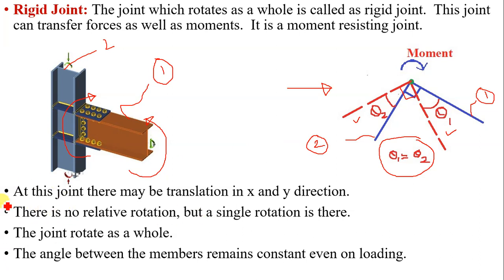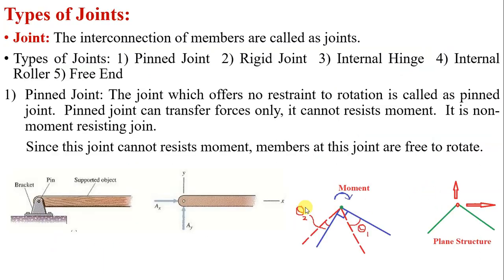At this joint, there may be translation in x and y direction. There is no relative rotation, but a single rotation is there. So at a rigid joint only one rotation is possible and that can be denoted by theta. While at a pin joint there are two independent rotations of the members, theta 1 and theta 2.